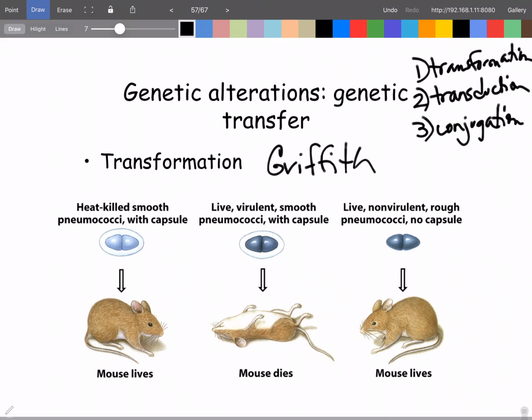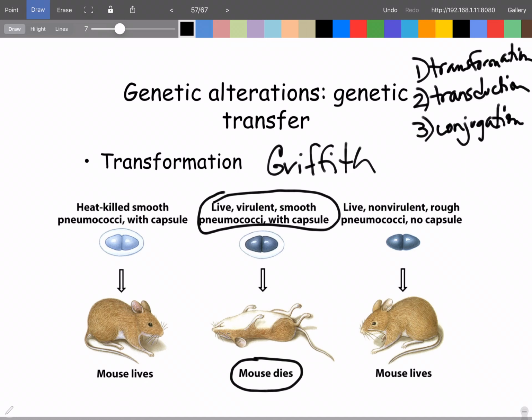Griffith was looking at an organism called Strep pneumoniae, which can cause pneumonia, as its name implies. He had a mouse model of pneumonia. If he injected mice with live virulent pneumococci, he could show that it would kill the mouse.